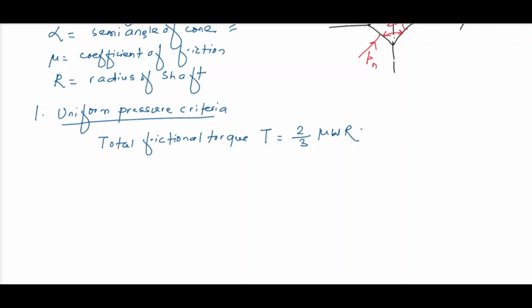Now you add this term cosec alpha, so it will be easy to remember: 2 by 3 mu W R cosec alpha in case of conical bearing.